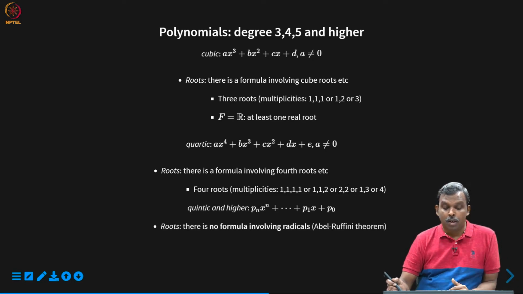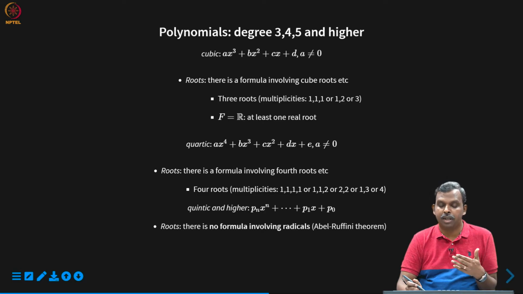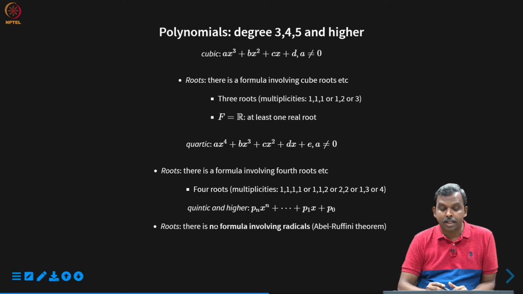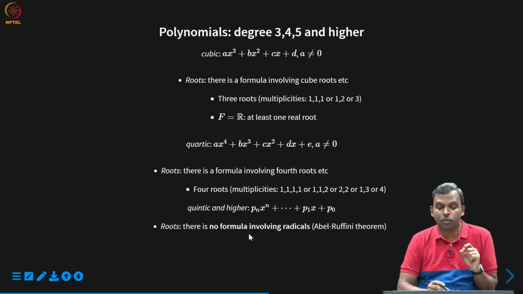Now, quintic and higher, it turns out you get into this very interesting territory. Algebraically, classically, these were very interesting. For quintic and higher, you can prove, there is this famous Abel-Ruffini theorem, which proves that in general there cannot be a universal formula involving radicals for all roots of quintic and higher polynomials.